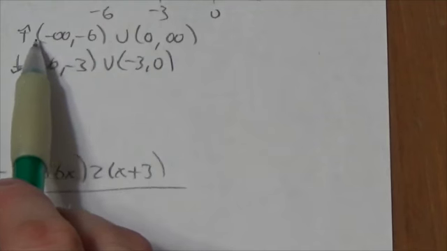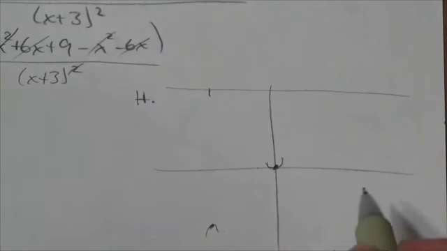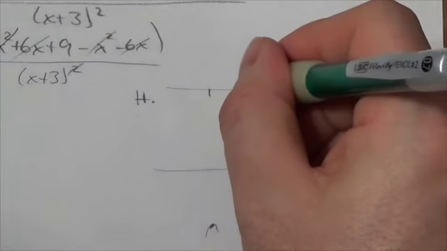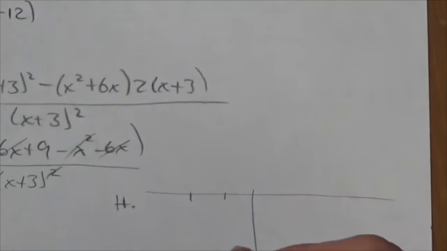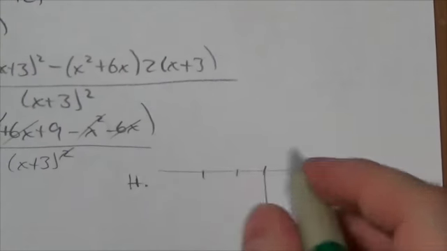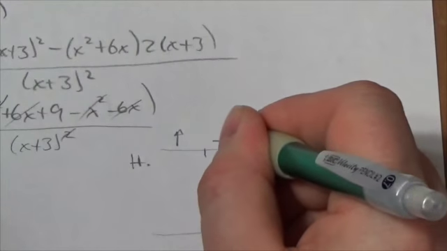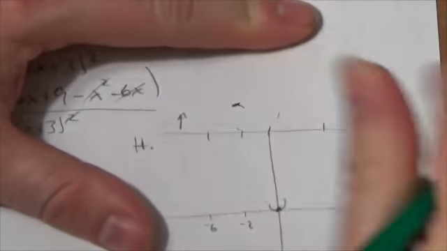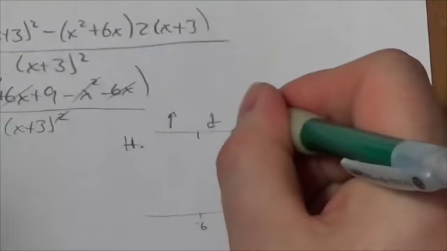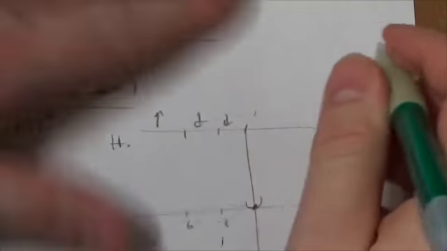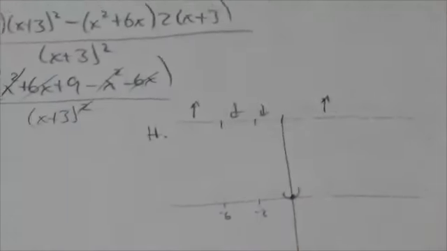Basically, at negative 6, it changes. At negative 3, it changes. So here's negative 6, negative 3, and at 0, it changes. What we've got here is increasing, decreasing. Then this is decreasing, and from here on, it's increasing again.